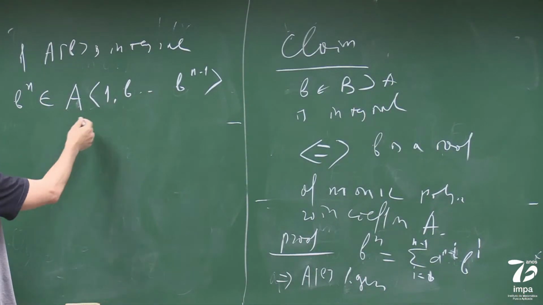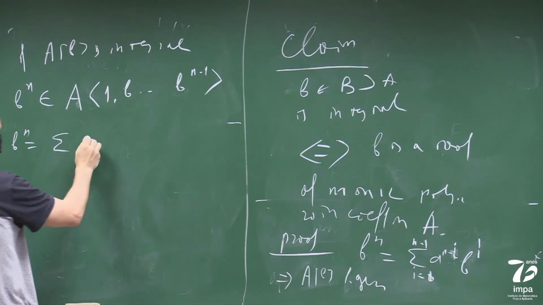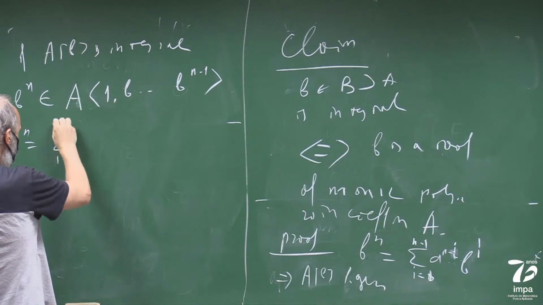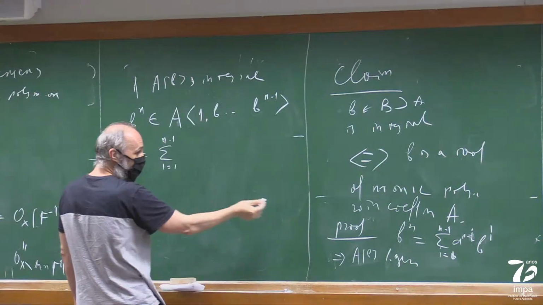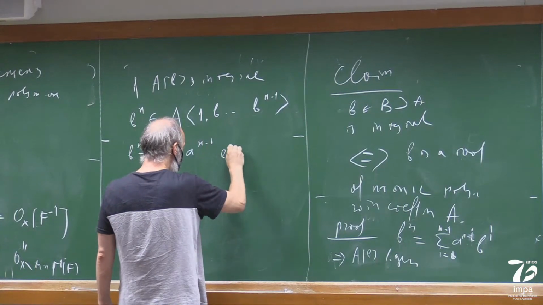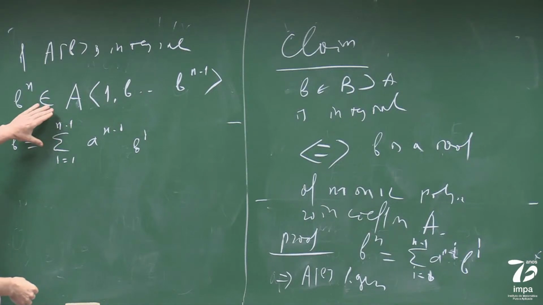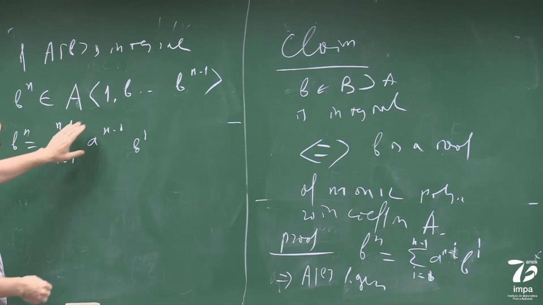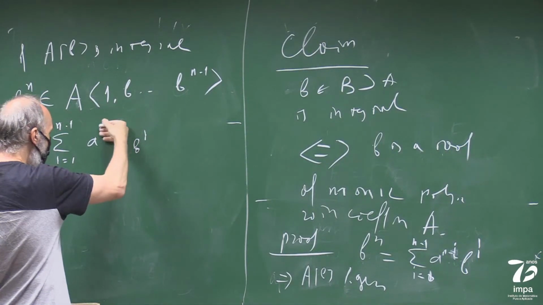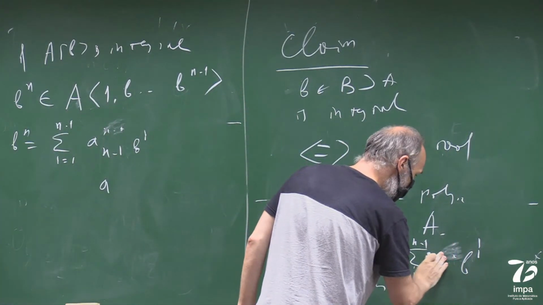Okay, so this means that b to the n is equal to the sum from i equal 1 to n minus 1 of a n minus i, b to the power i. So it is a sum of smaller elements with coefficients in A, a n minus i. Here we have n minus i in the bottom, of course.